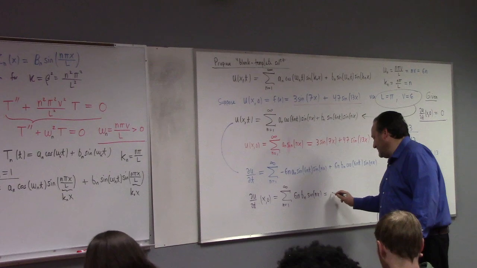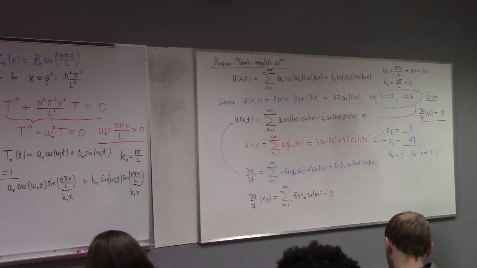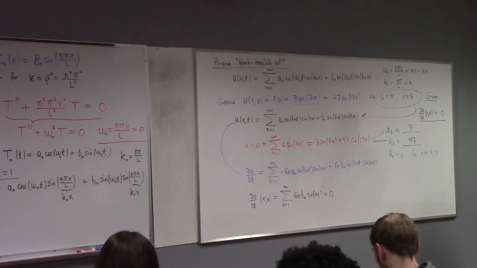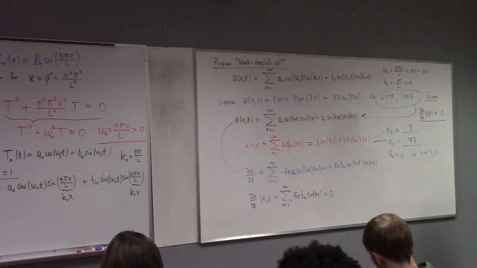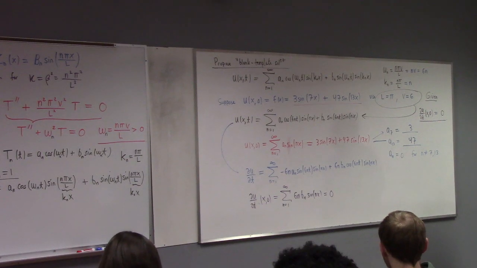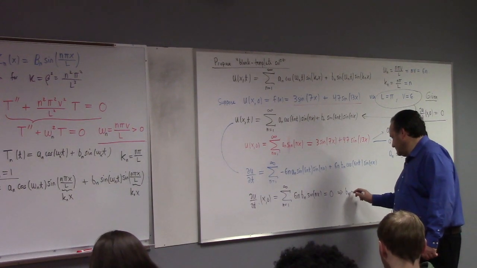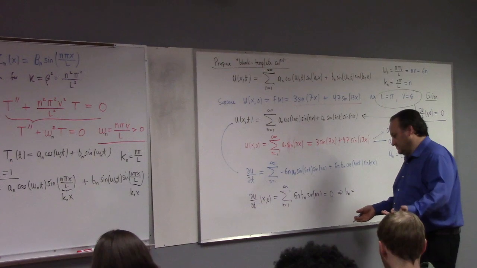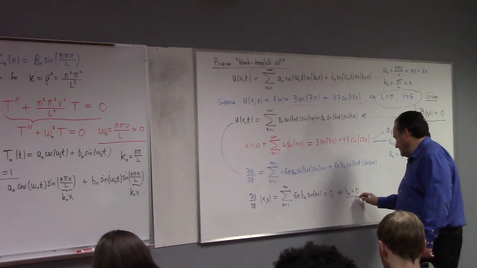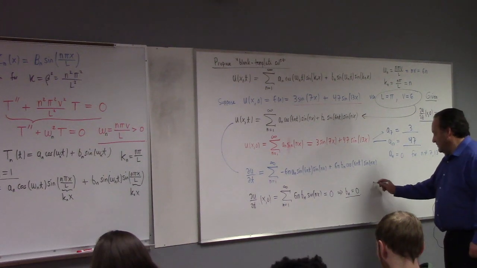So if this is equal to 0, what's that say about my b sub n's? This isn't hard. B sub n equal to what? 0. All right, great. So then the solution is simply this.